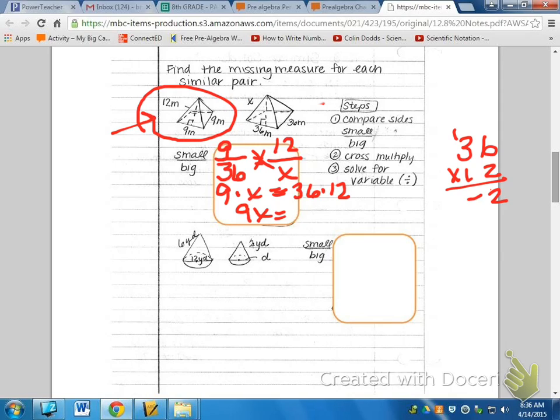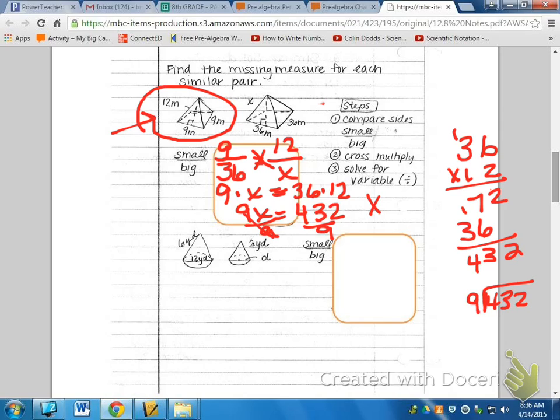So 2 times 6 is 12. 3, 6, 7. 6 and 3. 432, and then I've got to divide by 9. That will get my value of X. So 432 divided by 9. Let's go 4 and 8.